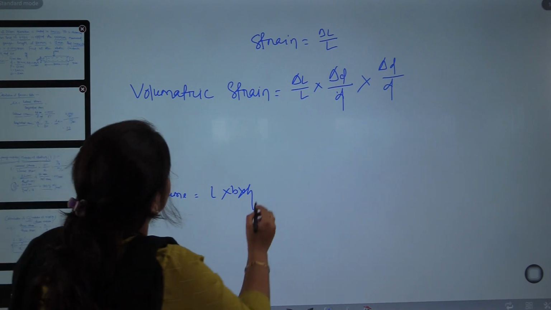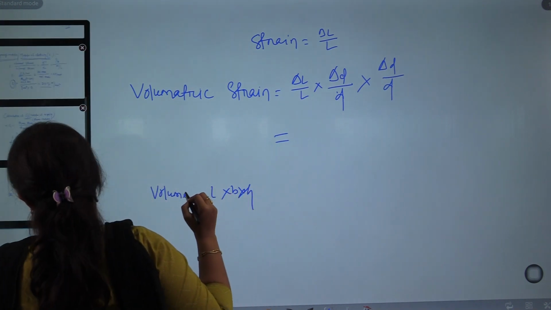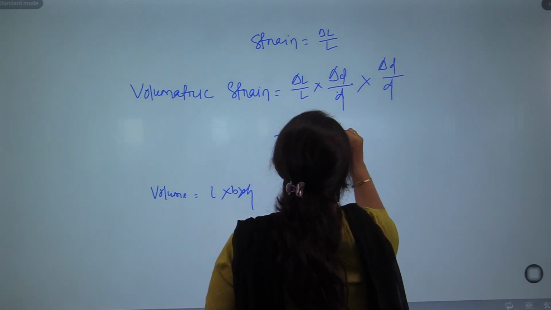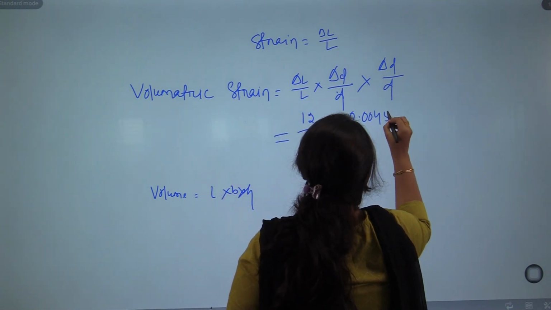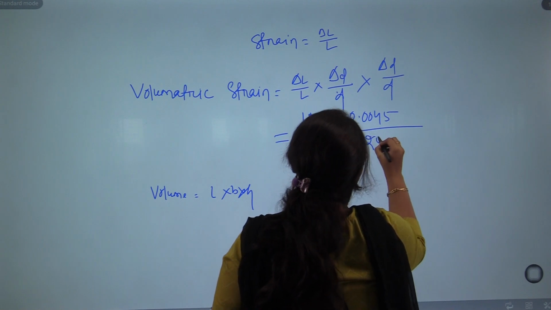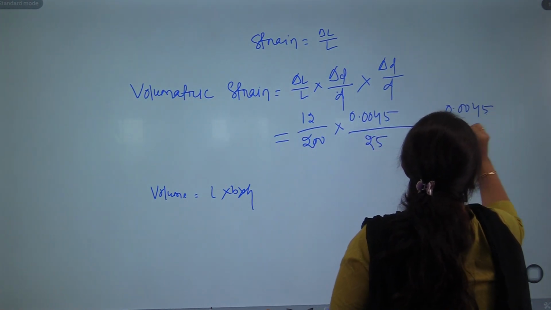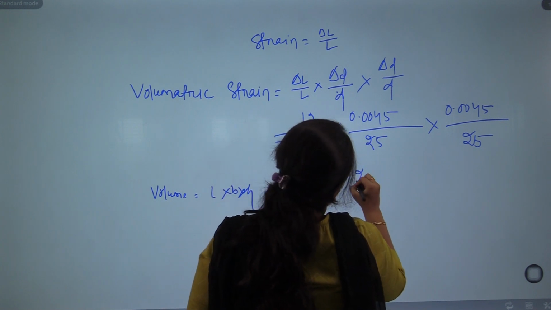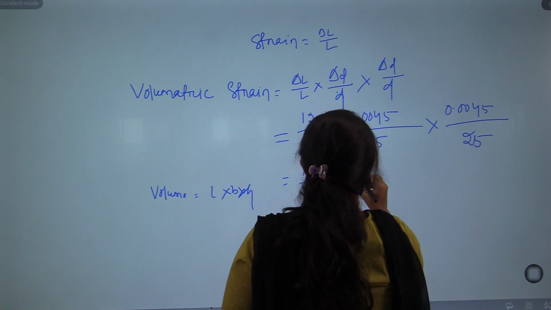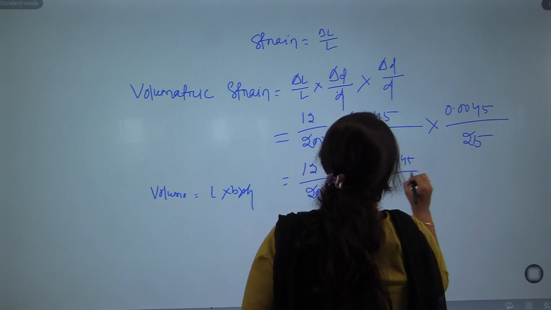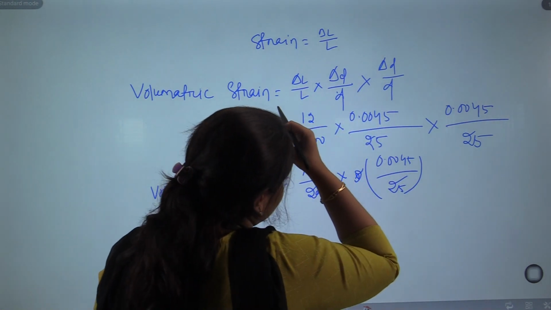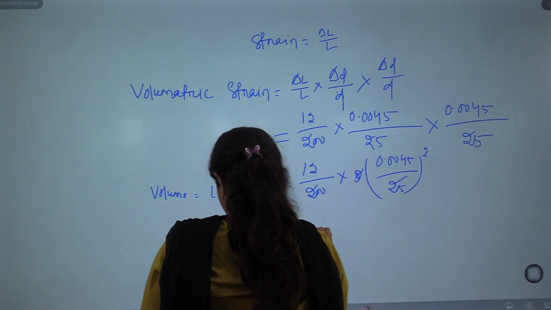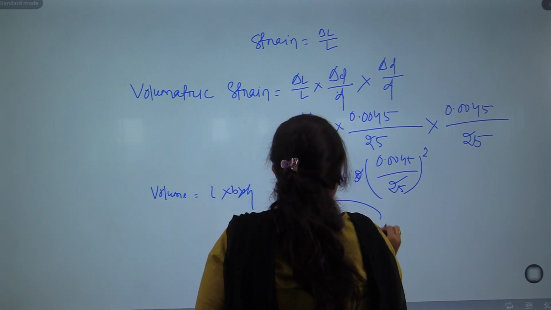Here, how much? 12 upon 200 into 0.0045 upon 25. So, EV will become 0.0042.